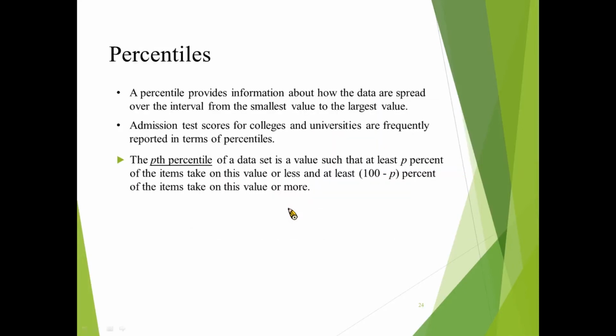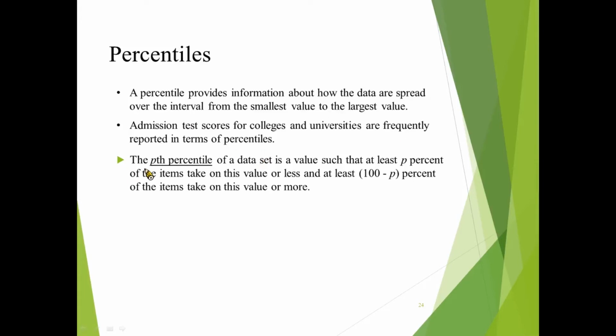and the next one, the percentile. Okay, percentiles provide information about how the data are spread over the interval from the smallest value to the largest value. Admission test scores for colleges and universities are frequently reported in terms of percentiles.